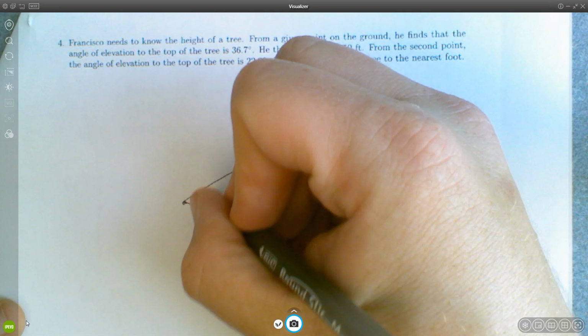Now, if you know law of sines from some previous trig experience, then this problem is actually pretty easy. But we haven't talked about law of sines yet, so we're going to have to use a different strategy. I'm going to do tangent of 36.7 degrees equals h over x, and then tangent of 22.2 degrees equals h over x plus 50.